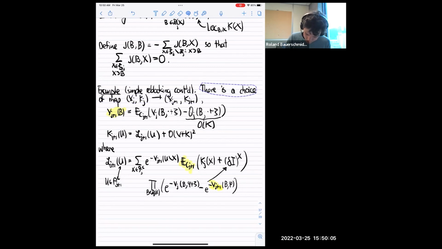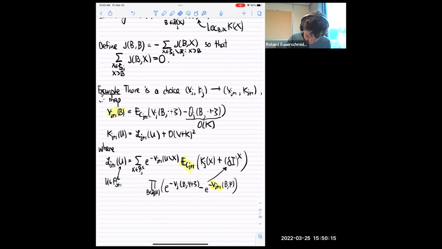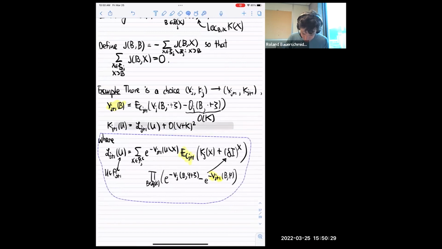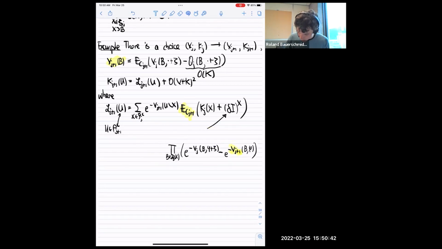Maybe it would have been quicker to rewrite this, but anyway. The VJ choice is the same as before. And the KJ choice is not the same as before. I mean, I still divide it in the same way. There's still a part which I call L, but it turns out you can put... let me just move this a little bit so I have some more space.